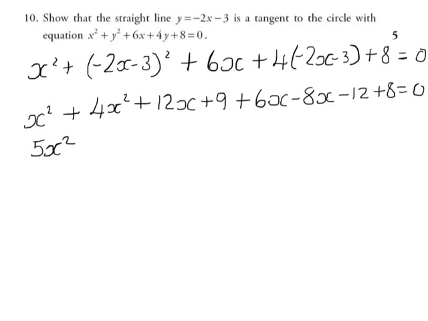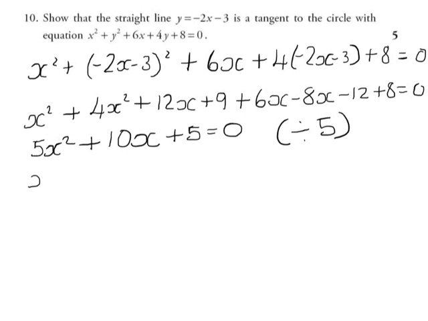And my constants, I've got 9 minus 12 is minus 3, plus 8 is 5. I'm left with a trinomial at this point, and I can see that there's a common factor. So I'm going to divide the whole lot by 5, both the left hand side and the right hand side. So I end up with x squared plus 2x plus 1 equals 0.